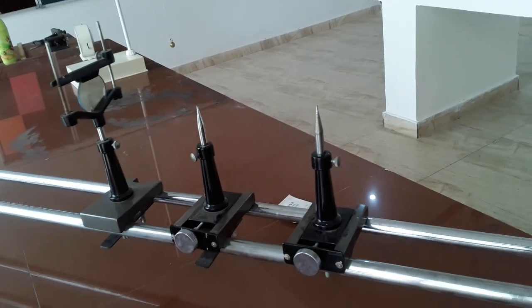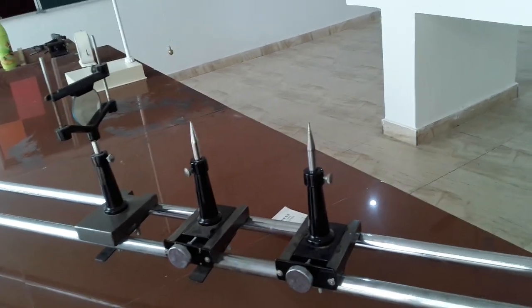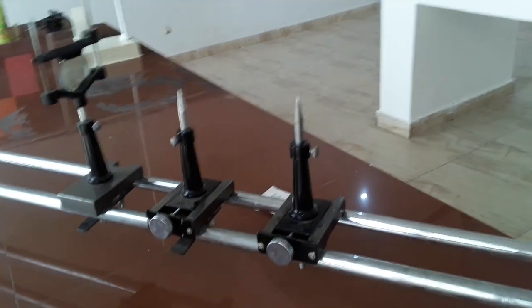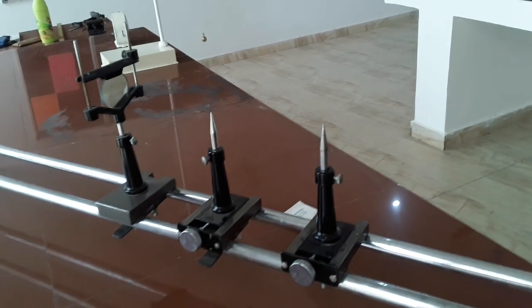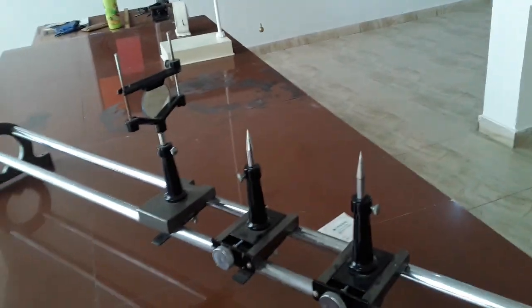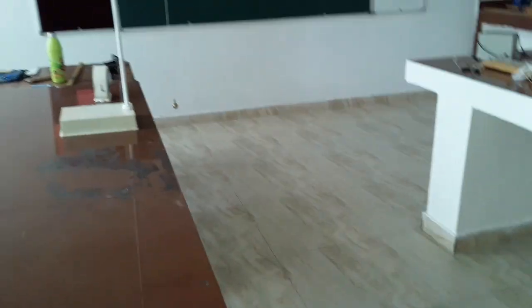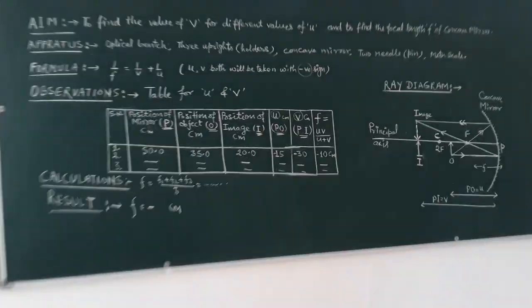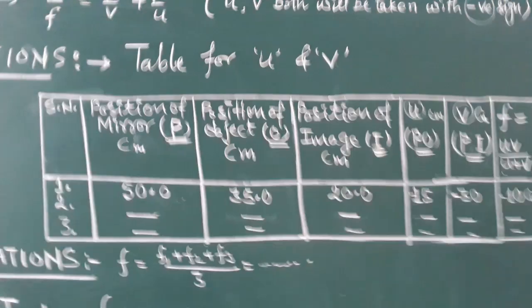By adjusting all, we can take the reading of u and v, and the same is repeated for the next reading. And with the help of the formula we will fill in the readings here.